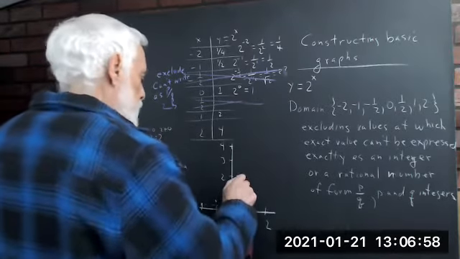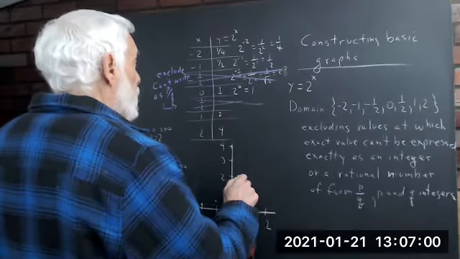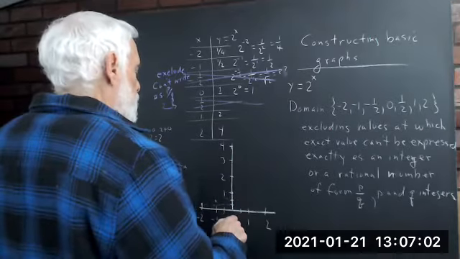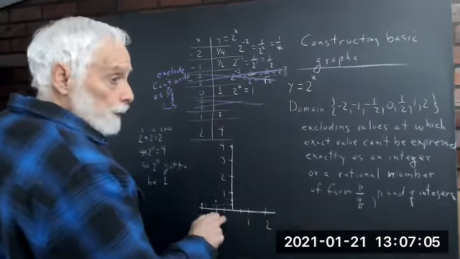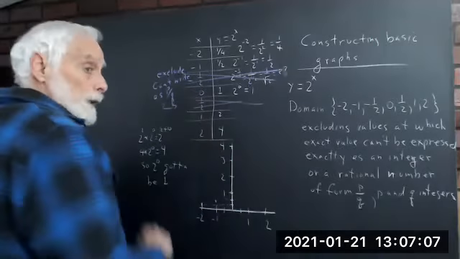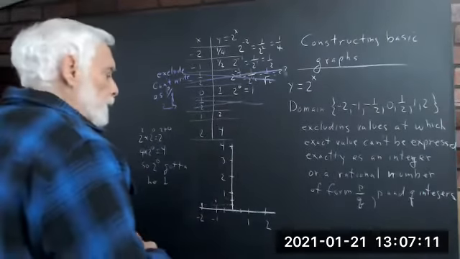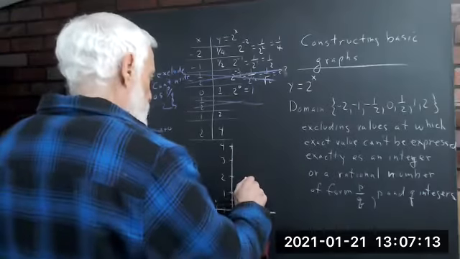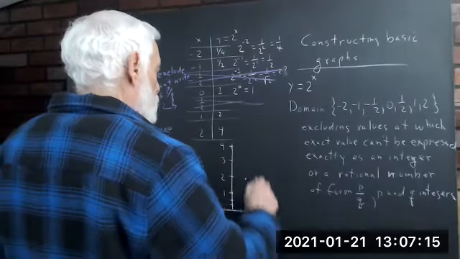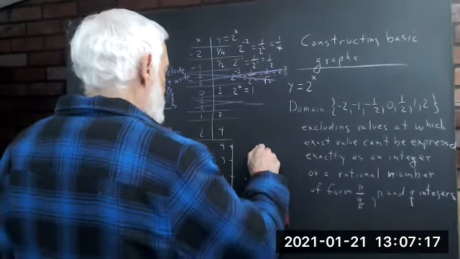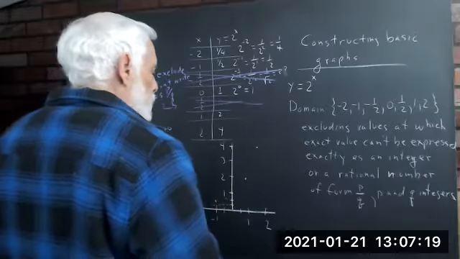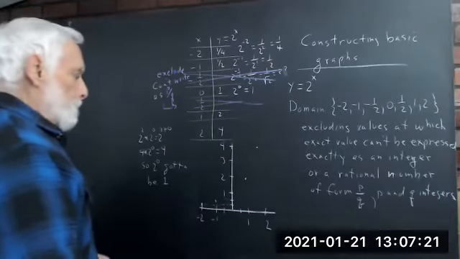Then at x equals 1/2, and actually, we didn't need x equals -1/2 and 1/2. I crossed those out, but I put them in there anyhow because you need them for most of your graphs. Okay, then 1, 2, and 2, 4. And there's our basic function.